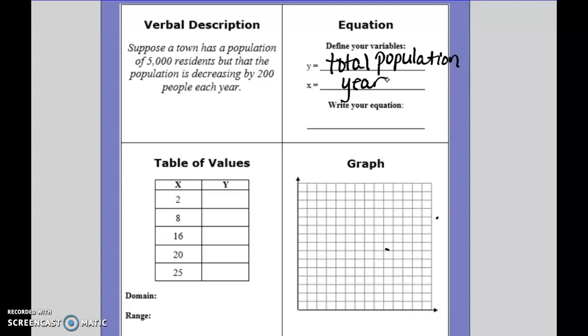So now we can write our equation. We know M is equal to our slope and B is equal to our y-intercept. So the town starts with 5,000 residents, but it's decreasing by 200 people per year, so that's negative 200. So our equation will be y equals negative 200x plus 5,000.